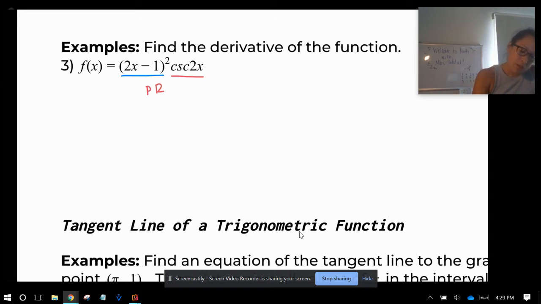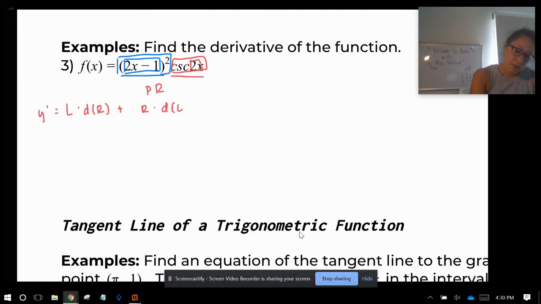And then within the product rule, I can see that I have chain rule happening, outside, inside. So first the product rule is left d right plus right times d left.